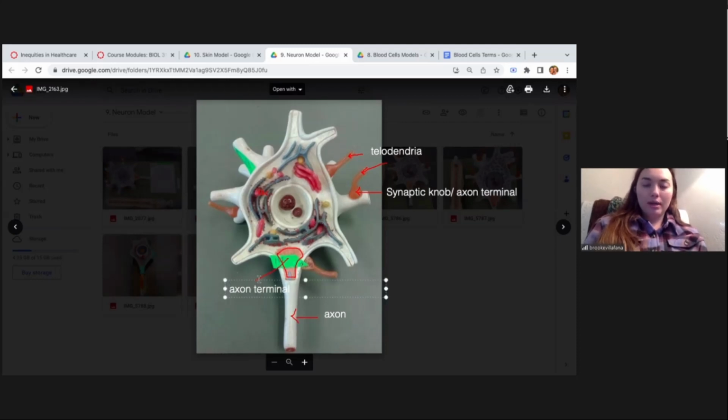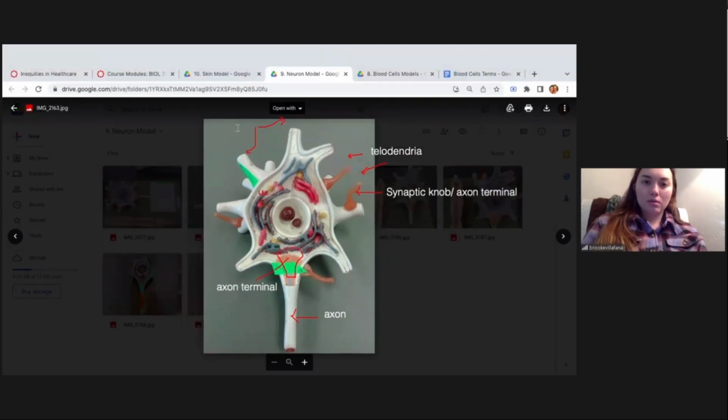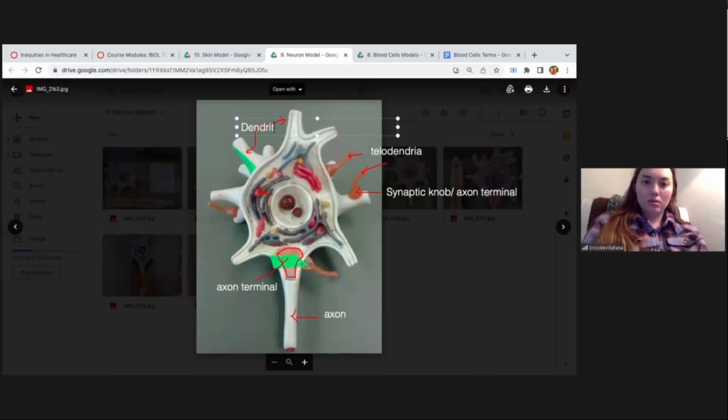You don't really need to know functions. We don't really ask you functions on this model. These would be dendrites. And then the nucleolus is at the very center. You don't need to know any of this surrounding stuff for this model, for this test.